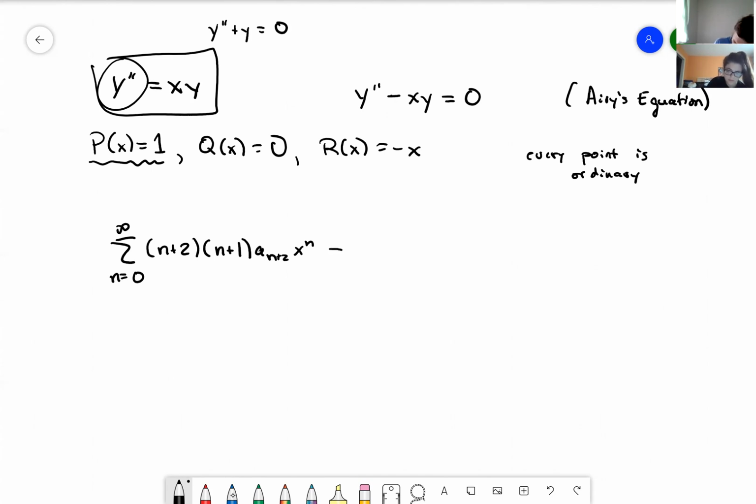On the other side, we'll have x times the sum from n equals 0 to infinity of a n x to the n. So actually what we get from this is the sum from n equals 0 to infinity a n x to the n plus 1.